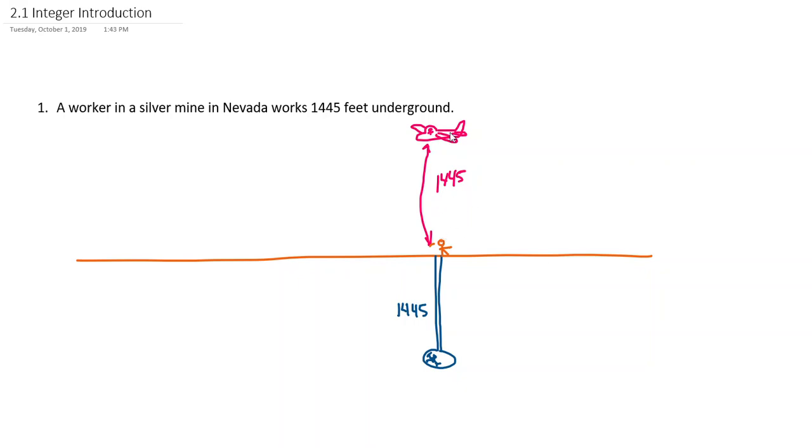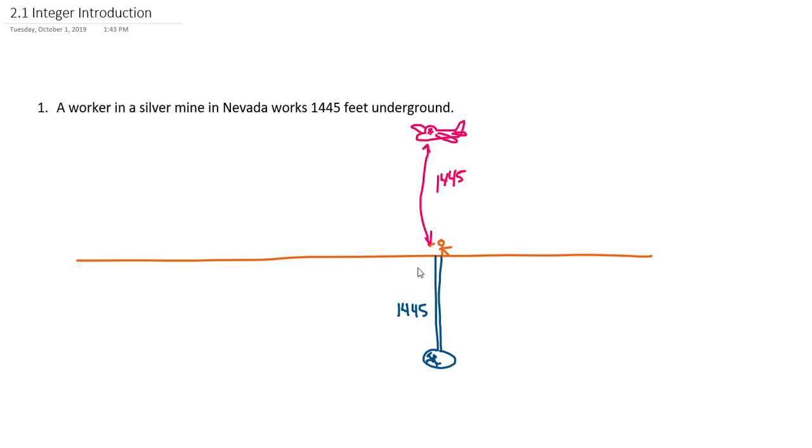See, notice that it's awkward and confusing having two different places in relationship to me that are in two different directions. We need a way to differentiate between those locations. One is up in the air, one is below the ground. And so that's where integers come in.